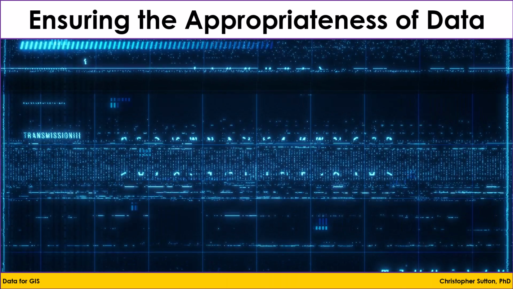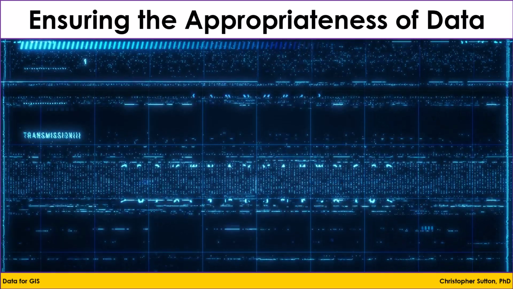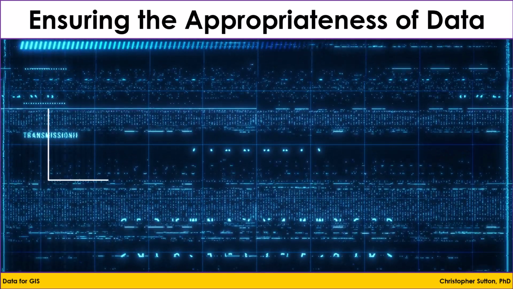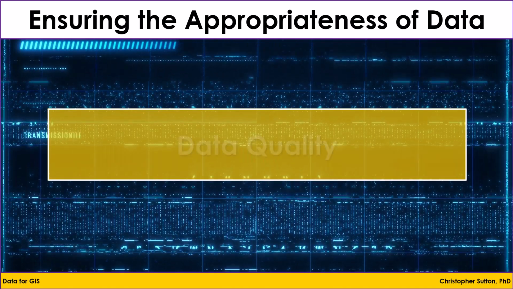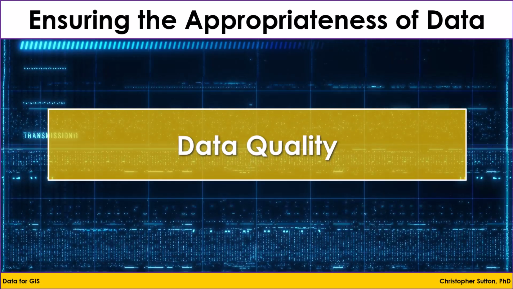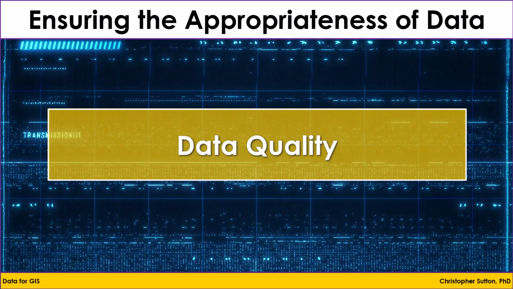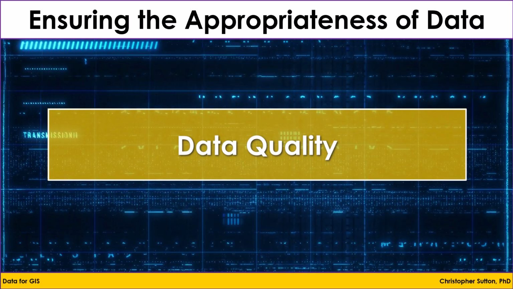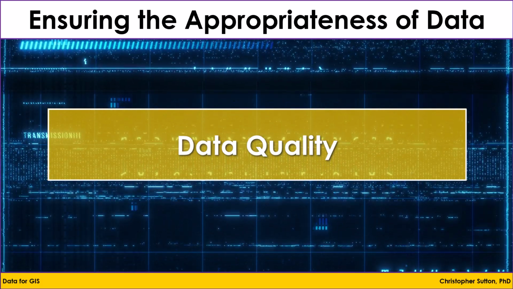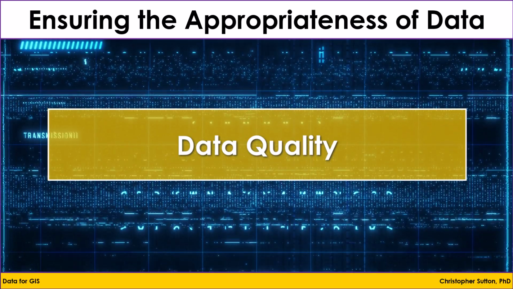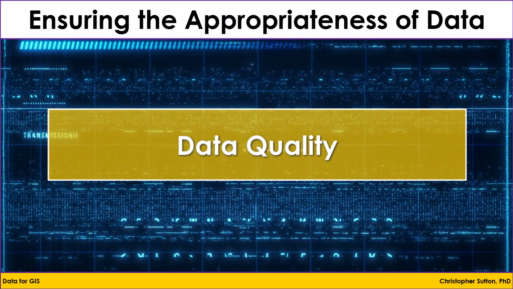There are many ways we can ensure that the data we use in a GIS project is appropriate for the task. Ensuring that GIS data have high precision, are up-to-date, and are comprehensive is critical for reliable spatial analysis and decision-making. Accurate metadata, correct coordinate systems, consistent formatting, and minimal errors are essential for meaningful GIS work.